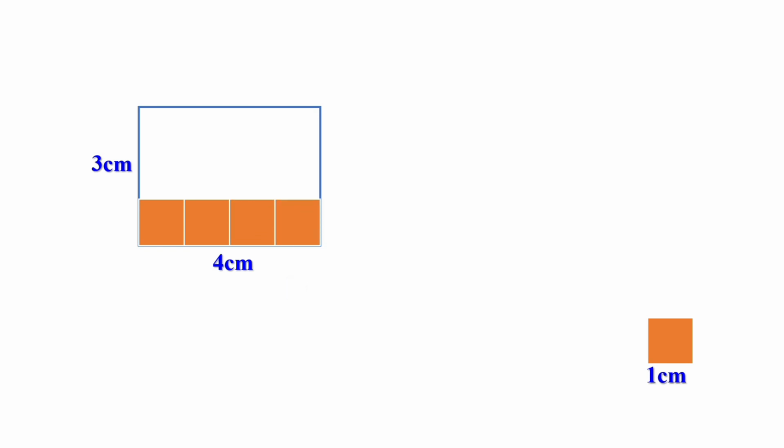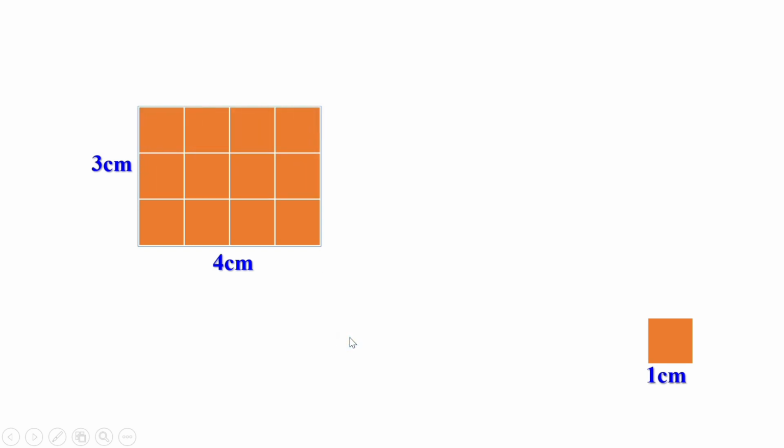Now, since the breadth is 3 centimeter, we can place 2 more such rows in this rectangle. This is one row of small squares. Again, we can place 2 more such rows like this.